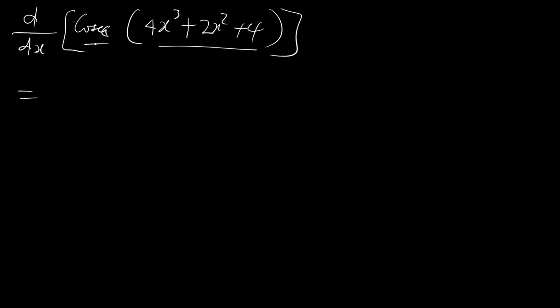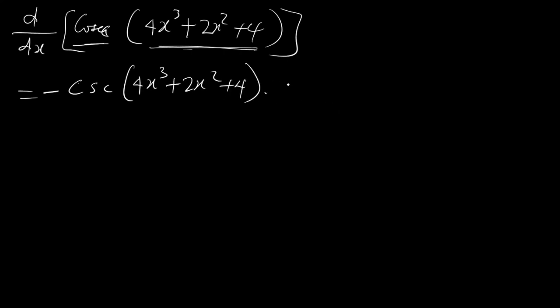So differentiating this with respect to this function, you have minus cosec of this function, which will remain the same, times cot of this same function, which is 4x cubed plus 2x squared plus 4, times the derivative of this function with respect to x.